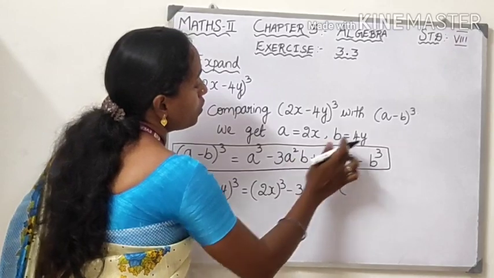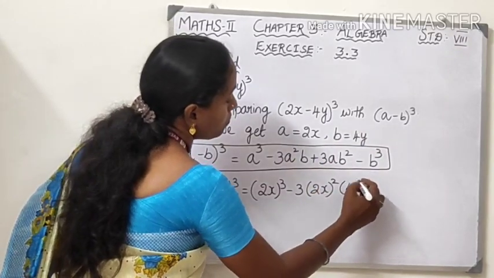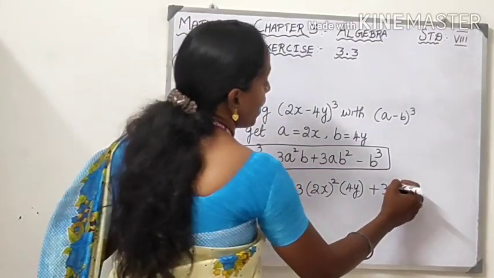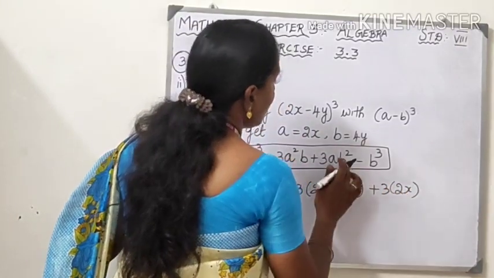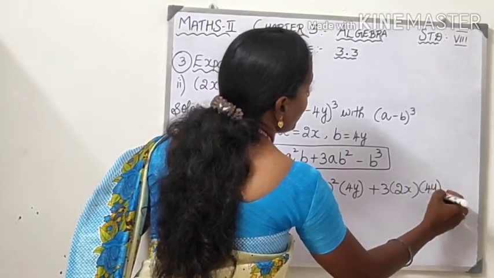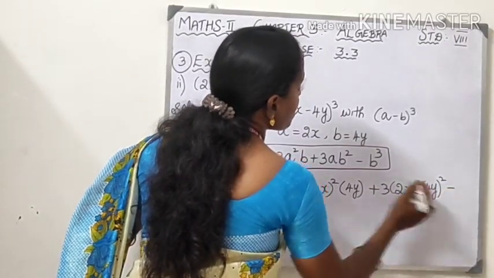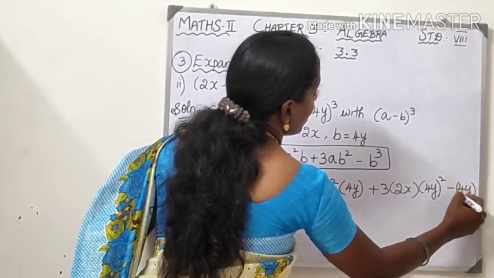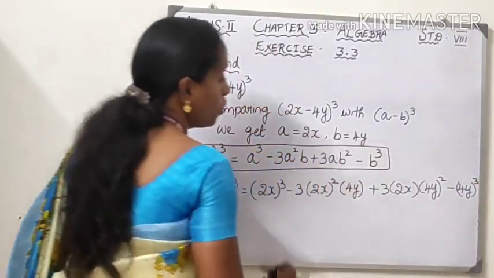Then what is the B value? It is 4y. Plus 3, what is the A value? It is 2x. What is the B value? It is 4y. Since we have a square, we have to write 4y the whole square. Minus, what is the B value? 4y. Since we have a cube, we have to write 4y the whole cube.